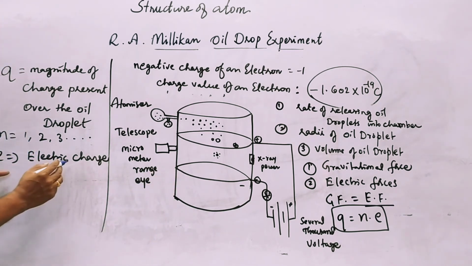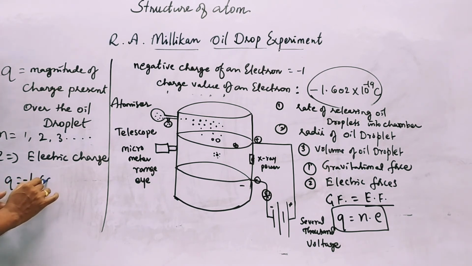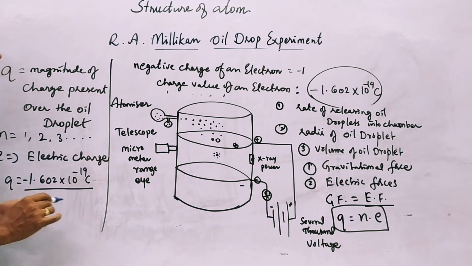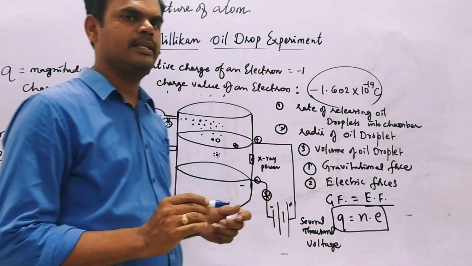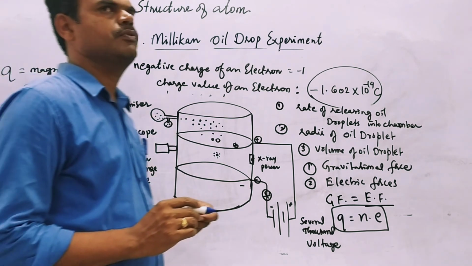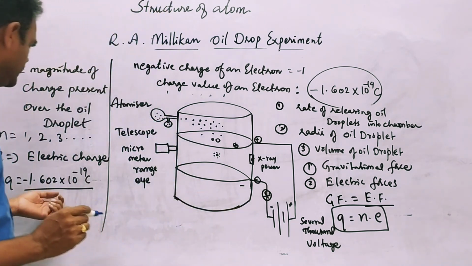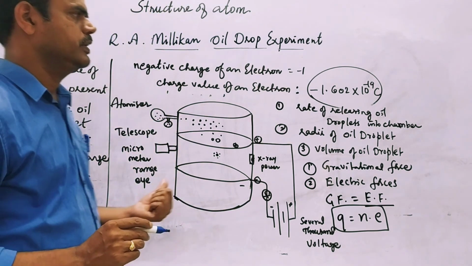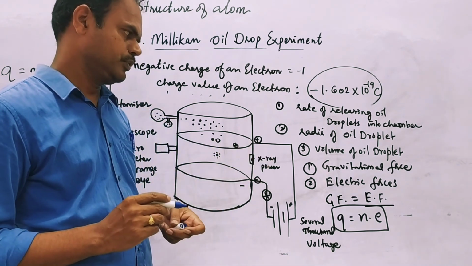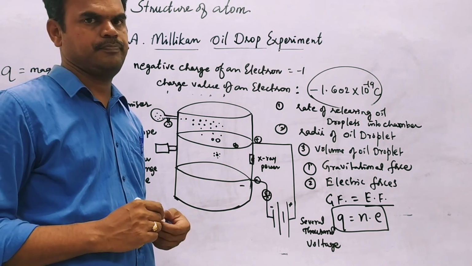Now Q is equal to, taking n as 1, the minimal integral number, 1 into -1.602 into 10 to the power of -19 coulomb. The minimal electric field applied on the oil droplet gives Q equal to -1.602 into 10 to the power of -19, measured by the scientist by minimizing the electric forces to the integral number 1.